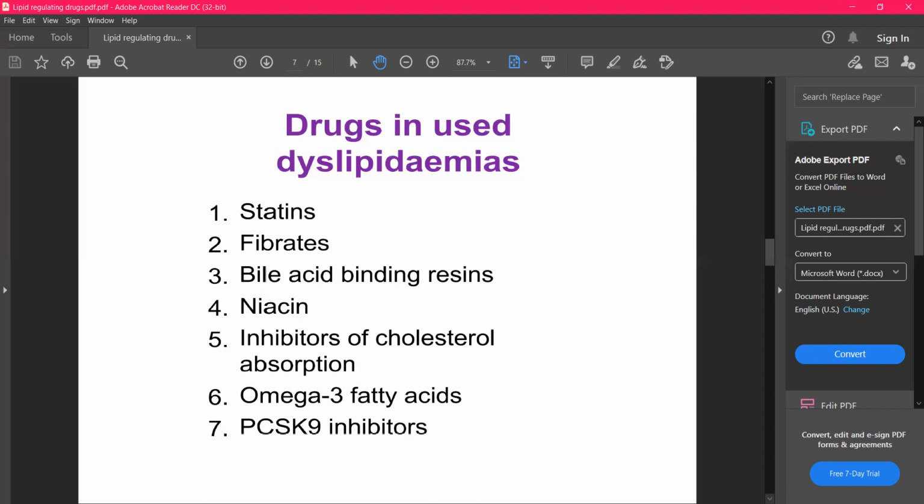However, drug therapy can be essential for groups of patients, like patients with atherosclerotic cardiovascular disease. If the patient has a very high level of LDL cholesterol, say more than 190 milligrams per deciliter, or if the patient is diabetic.